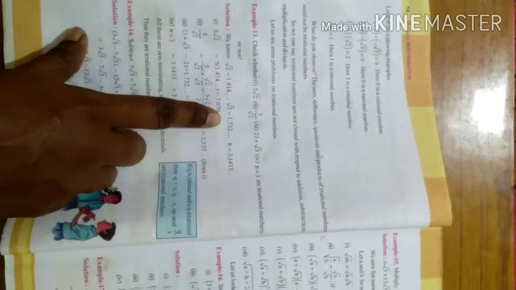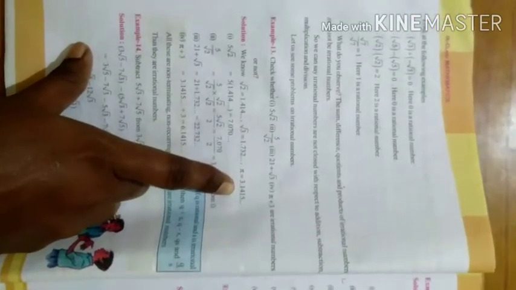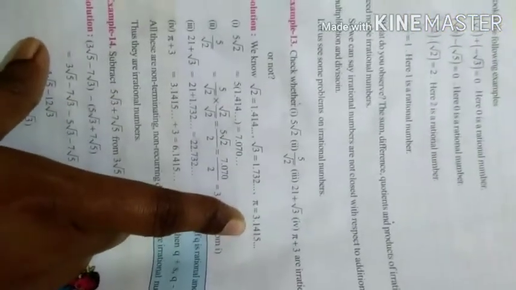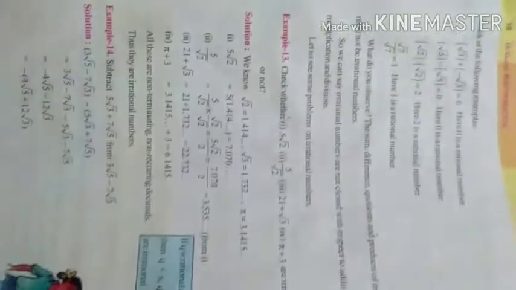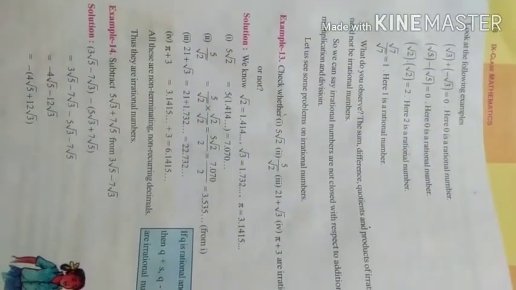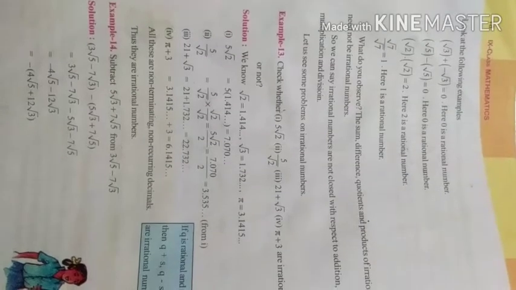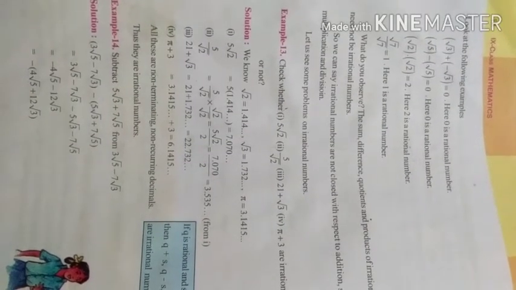If you see this problem, we already know the root 2 value, and the root 3 value, and the pi value is 3.14, a standard value. Clear? The first question is 5 root 2. Substitute the root 2 value and multiply by 5, and you will get a number.